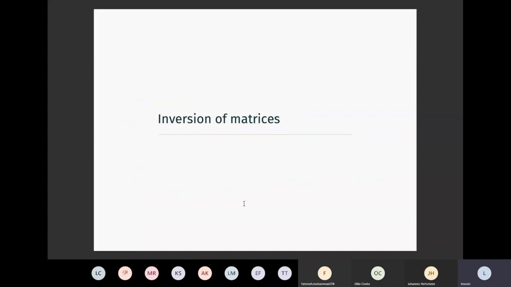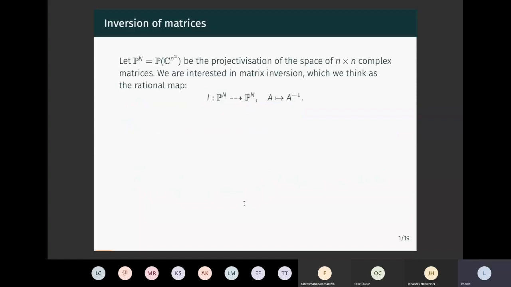Let me start very basic. Let me talk about inversion of matrices, just to set up some notation. I'll work with the projective space of n by n matrices, so it's the projectivization of C^(n^2). Later, and mostly in this talk, I'll work with the space of symmetric n by n matrices, and then this will be a projective space of different dimension.